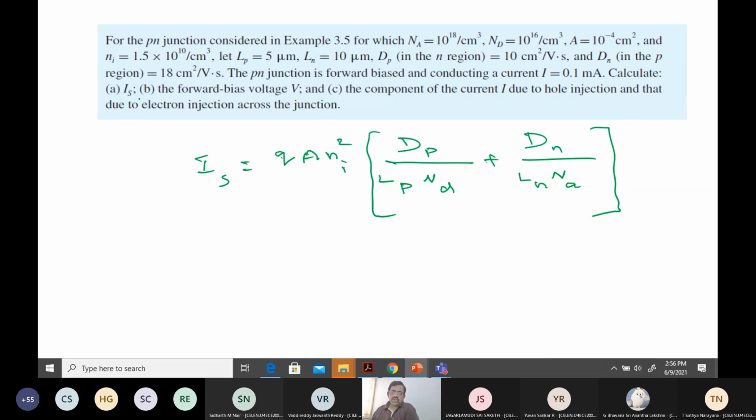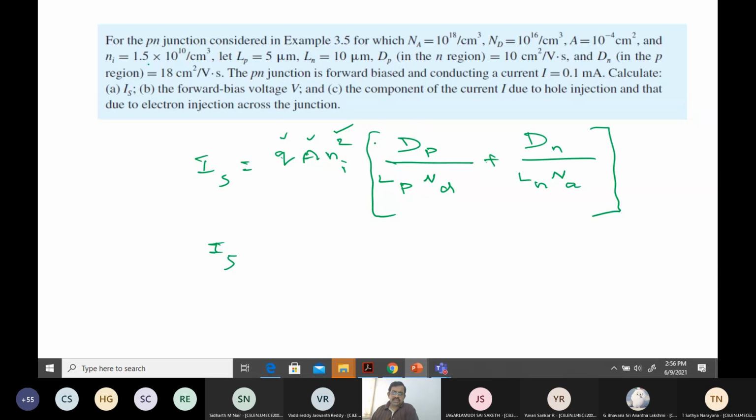If I substitute all of the factors, I will tell you what answer you should get. What is Q? Q is 1.6 into 10 power minus 19. A is given. Ni is given, and Ni square.